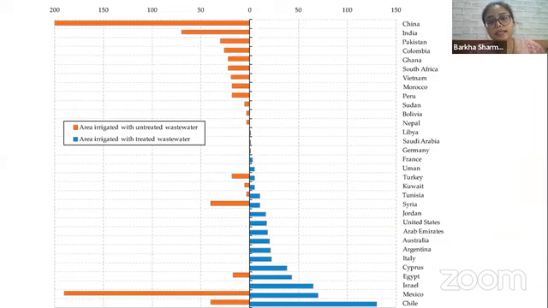On a worldwide scale, in China, Mexico, and India, most of the agriculture area is irrigated with untreated wastewater.